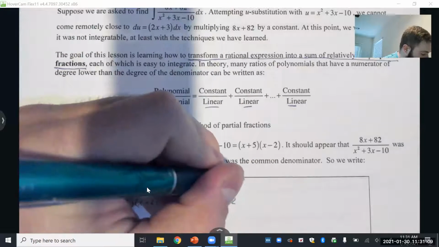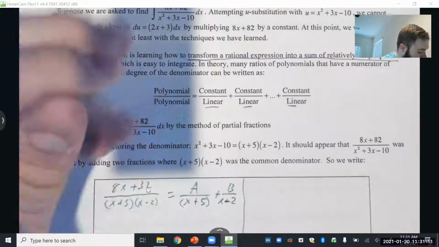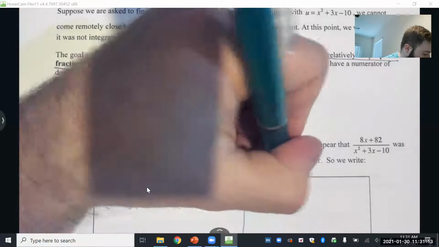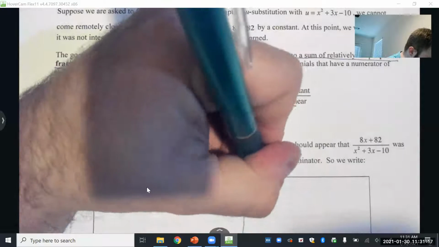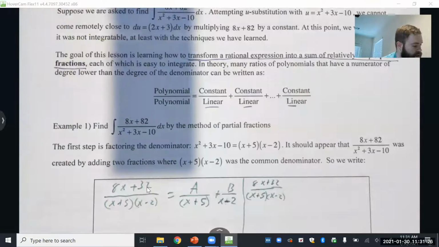And then we're going to have to find the a and the b, so I'm going to write this again over on the right side: 8x plus 32 over x plus 5, x minus 2. Sorry about the left-handedness.